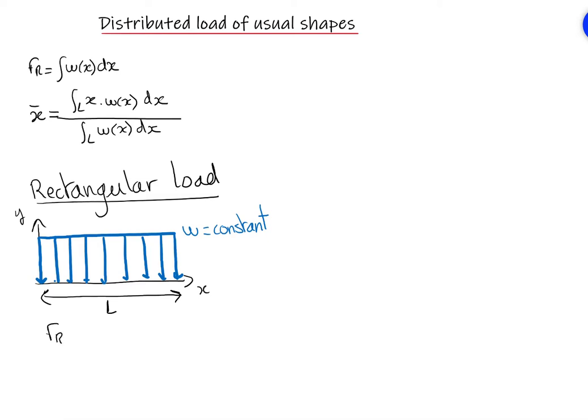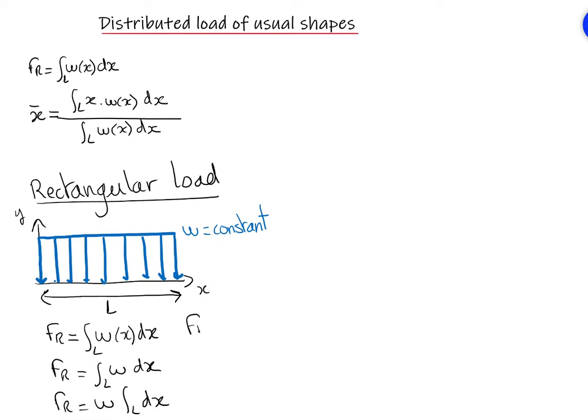FR is equal to the integral on L of w of x dx. That's the general formula. But here, w is constant on L. So FR is equal to w, I can take it outside the integral sign because it's constant, integral on L of dx.